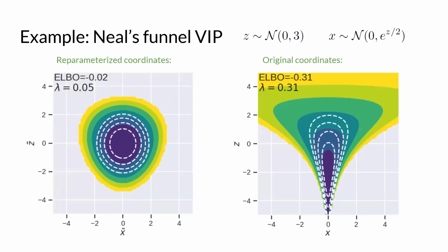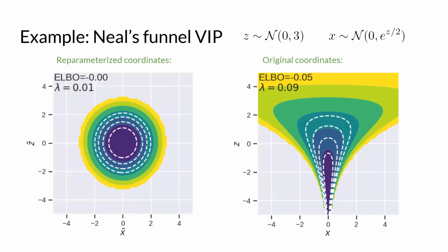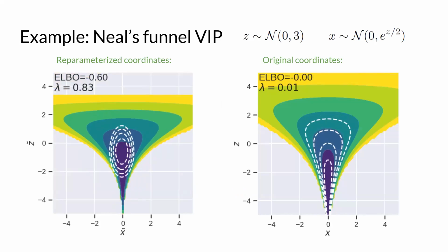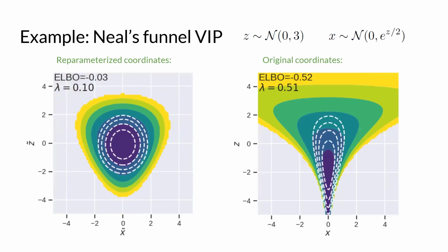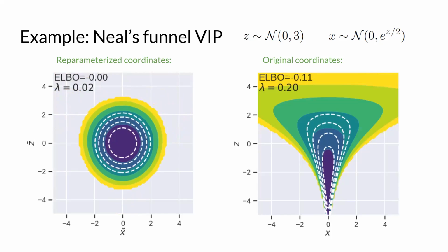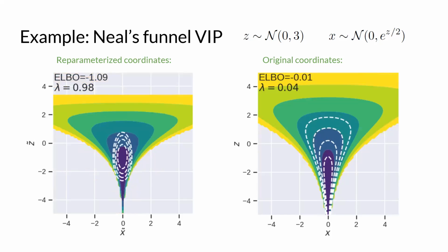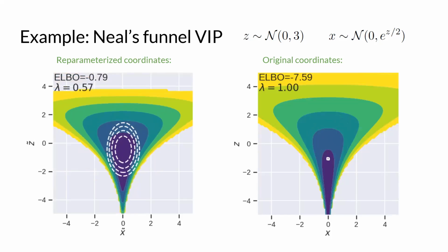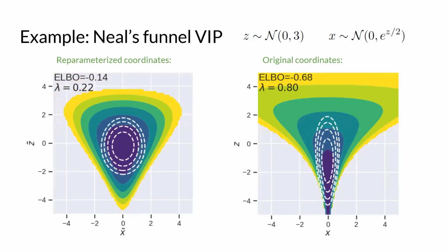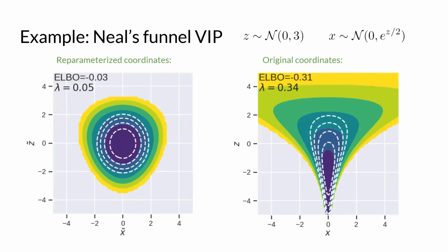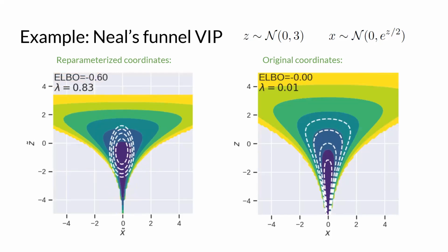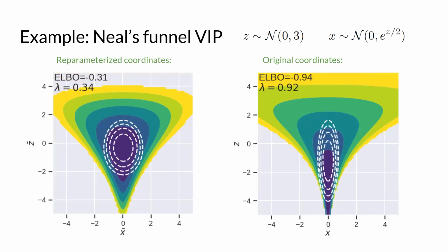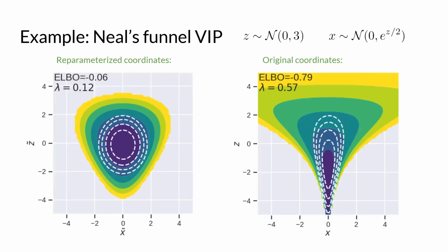So this is all a bit abstract, but hopefully this animation will help. So the idea is that we're taking our distribution, we're defining the variational family, and then during optimization, we don't just try to optimize the variational parameters to fit our target, but we also squish and stretch our target at the same time using lambda. So lambda changes the shape of our distribution, right? Well, it changes the reparameterization, so it changes the shape of the target distribution.